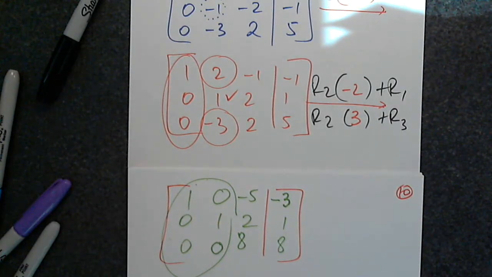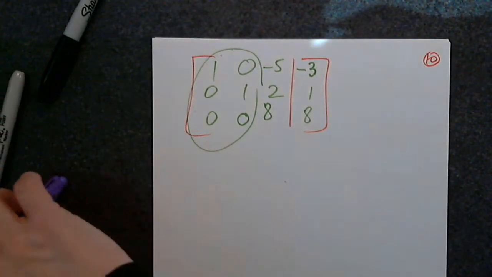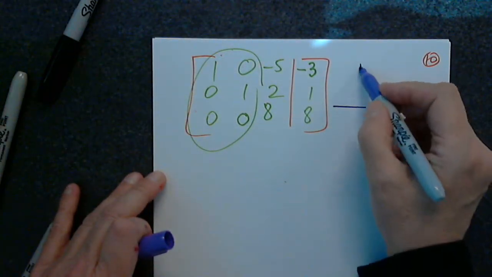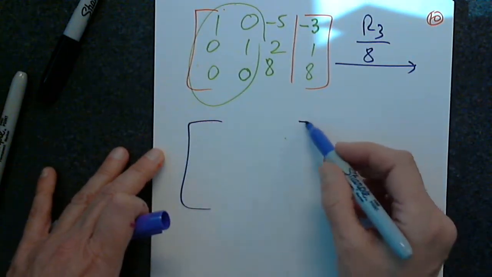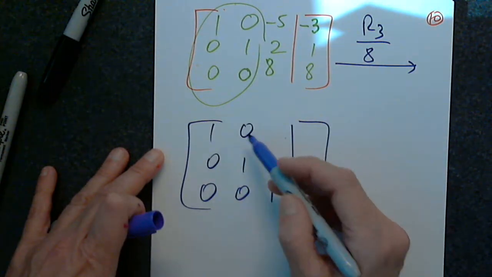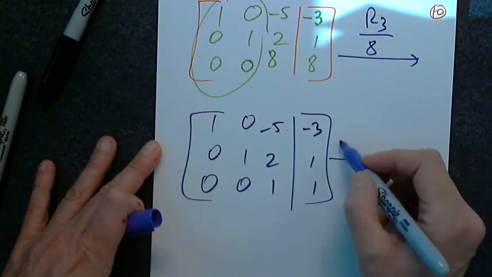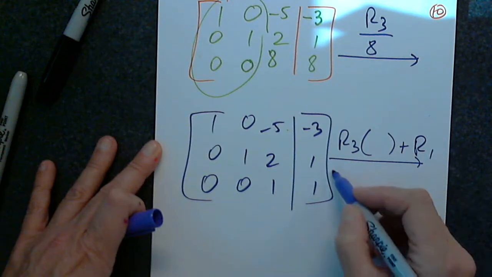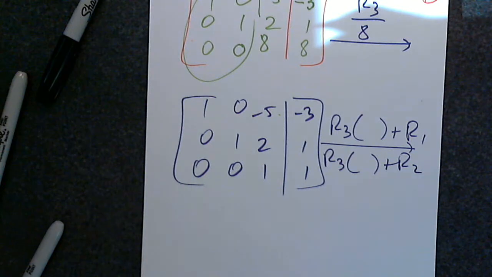What will be the next step? What do I need to do next? I will have to divide row 3 by 8. And after that, just one more step. Now, of course, row 3 in the final step gets multiplied by something and added to row 1. And row 3 gets multiplied by something to add to row 2.